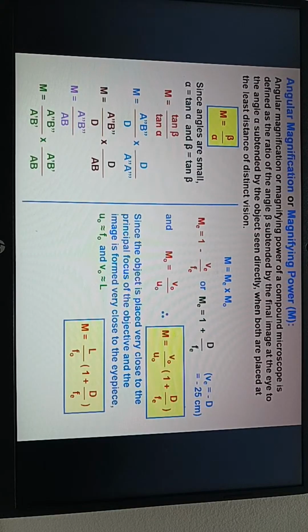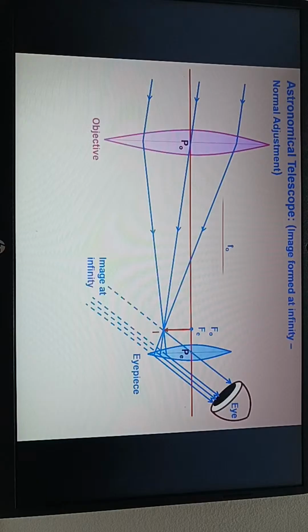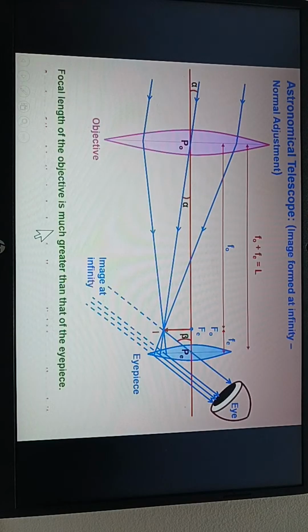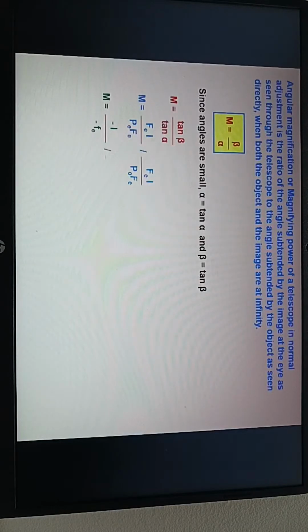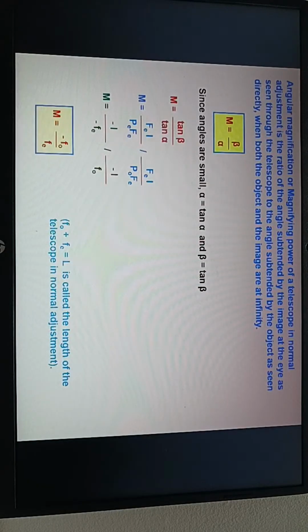This is the first type of magnification. The second type is this. It is at infinity. At that time what will you get? This is the formula. Beta by alpha, then F0 by Fe.